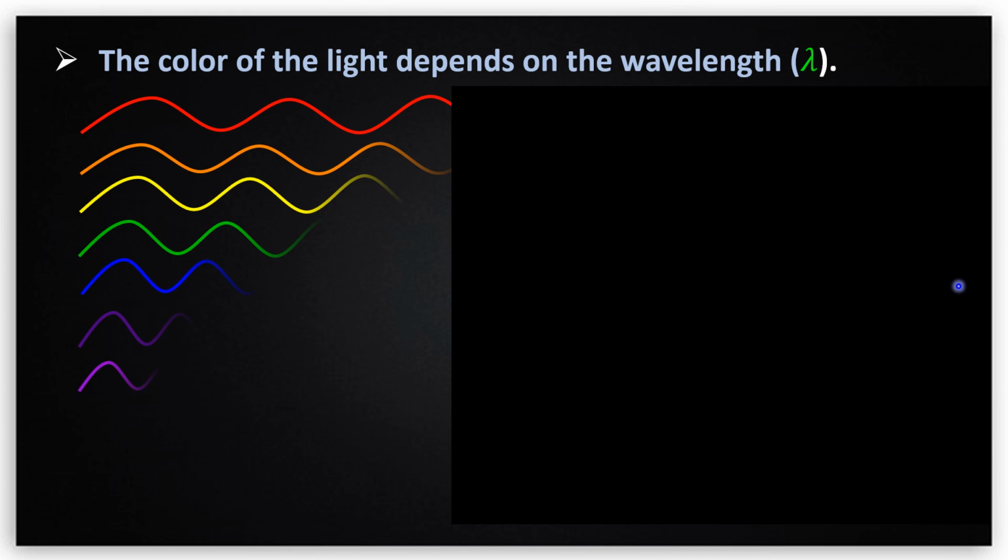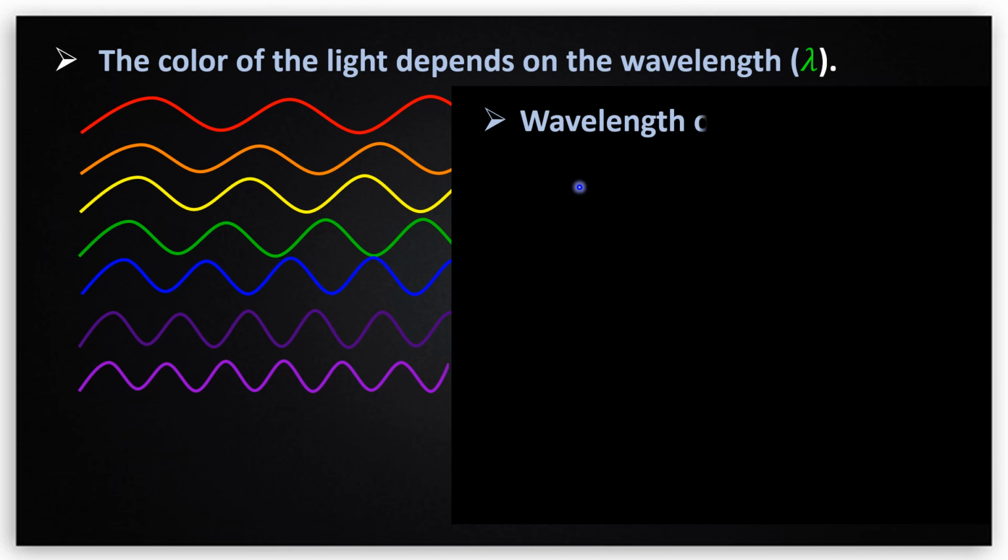You can see here, these are the different colors having different wavelengths. So the wavelength of violet color is smaller than that of red light. So the wavelength of red light, lambda r, is greater than lambda v.